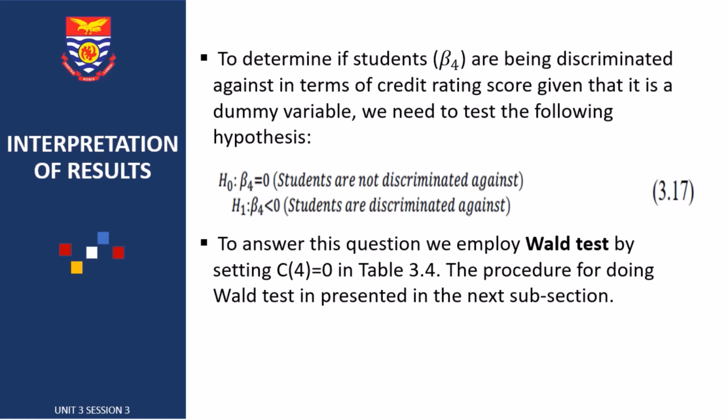To determine if students are being discriminated against in terms of credit rating score, given that it's a dummy variable, we need to test the following hypothesis: the null hypothesis, H naught, is that students are not discriminated against, and the alternate hypothesis is that students are discriminated against.